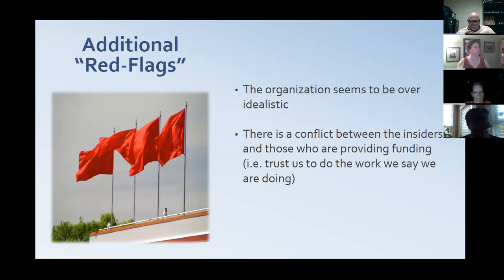There's the mentality in the case that you should trust us to do the work we say we are doing, or it's a work of the heart. And then you also have other individuals who talk about how the nonprofit should be more business-like. Just overall, this inability to measure the impact is what's causing a lack of funds to come from the donors.